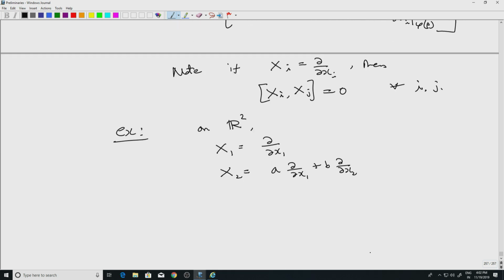Then the Lie bracket of X1, X2, where a, b are functions on R2, which I'll choose shortly.